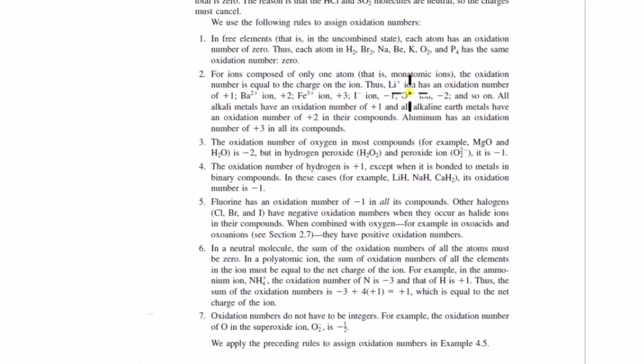Thus, the Li+ ion has an oxidation number of +1, Ba2+ ion +2, etc. So for any monoatomic ion, the oxidation number on that single atom is just the charge of the ion. But we talked about this in the previous video and how this makes intuitive sense from our understanding of the definition of oxidation numbers, right?